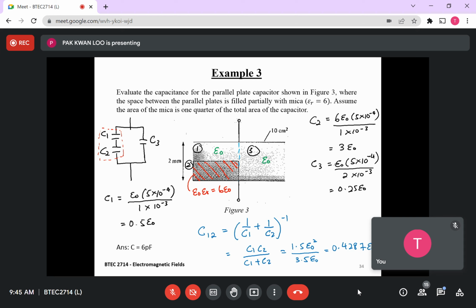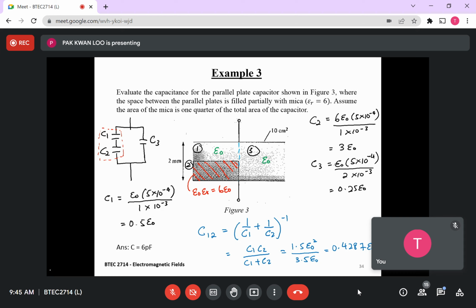This is then added in parallel with C3. So the total capacitance of C1 and C2 is now connected in parallel with C3.